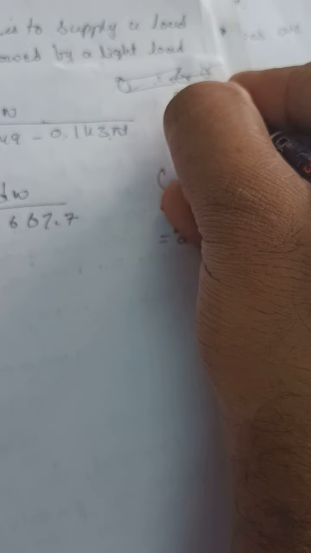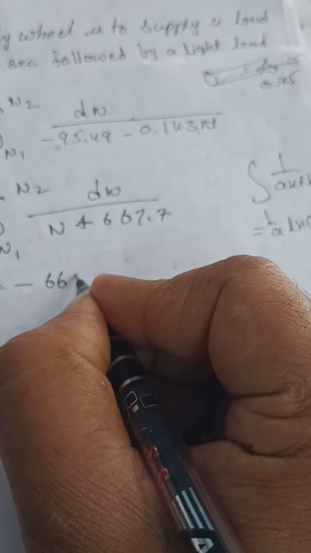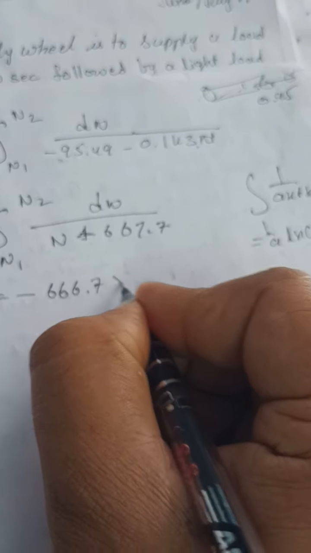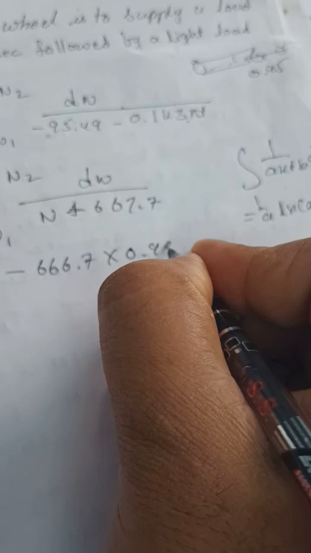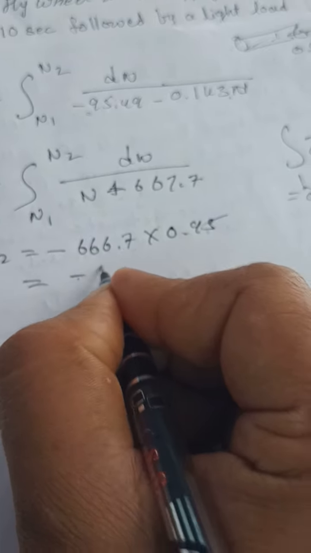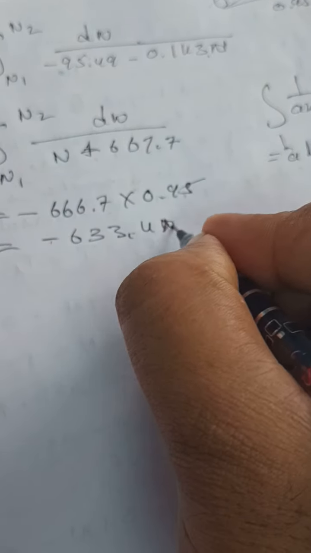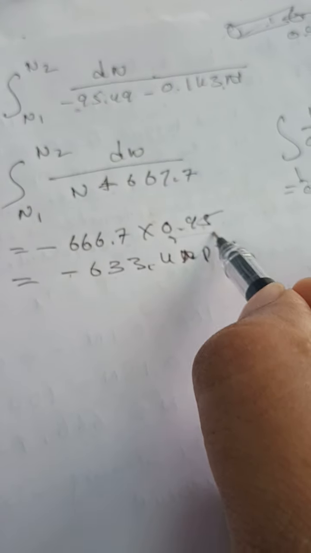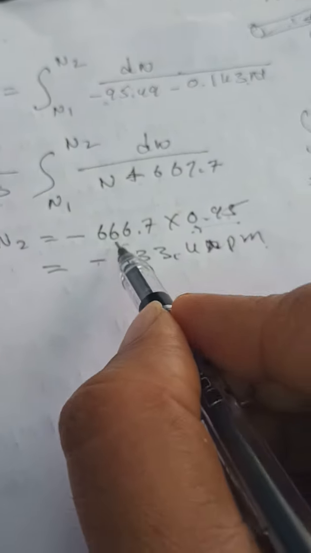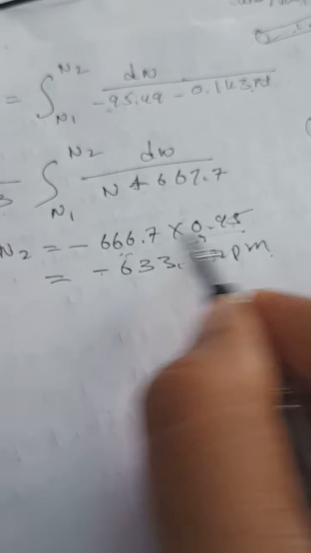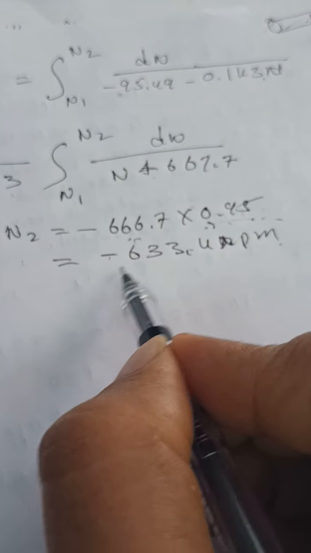So I take 95% efficiency, and n2 is minus 666.7 into 0.95, which is minus 633.4 rpm. So I multiply the n1 speed with 0.95 to get minus 633.4 rpm.